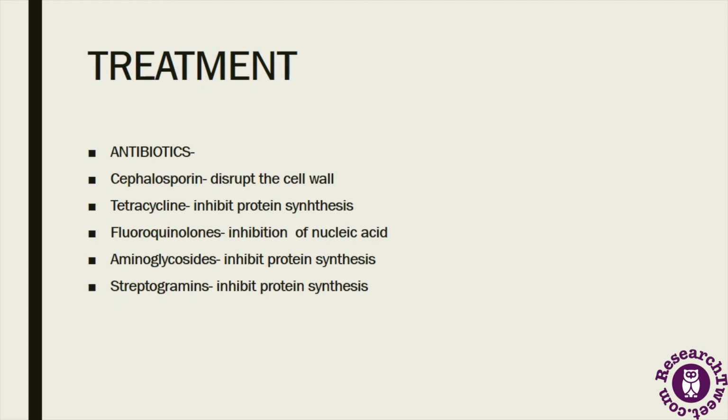Another antibiotic is tetracycline, which inhibits protein synthesis, and fluoroquinolones, which inhibit nucleic acid, which can be DNA or RNA, aminoglycosides, which inhibit protein synthesis, and streptogramin, which also inhibits the protein synthesis of bacteria. So these are some common antibiotics used against bacterial infections for gram-negative bacteria.